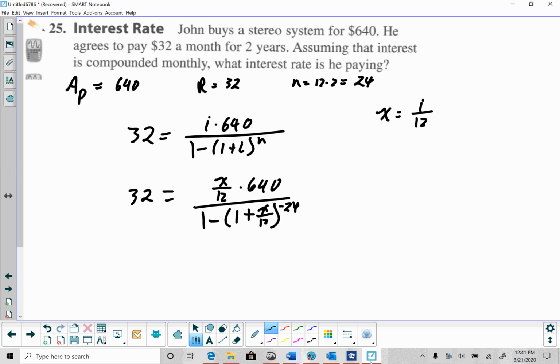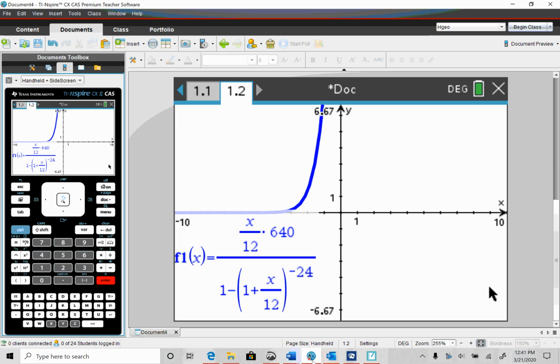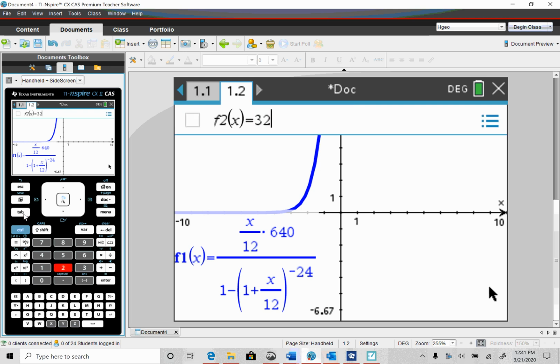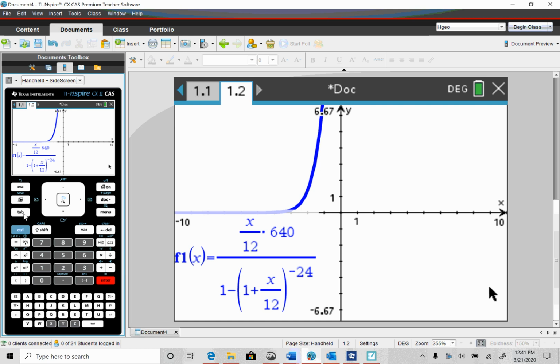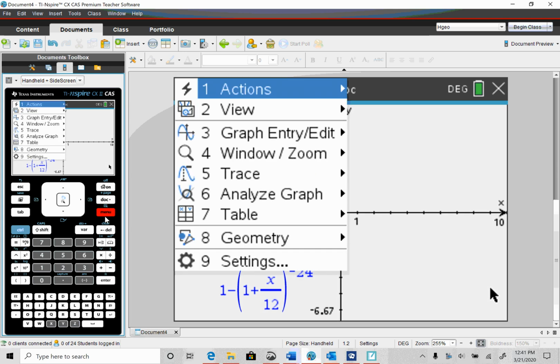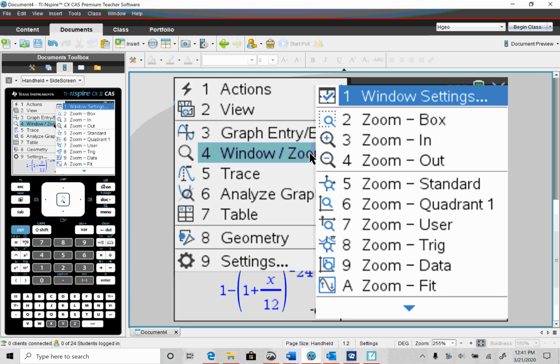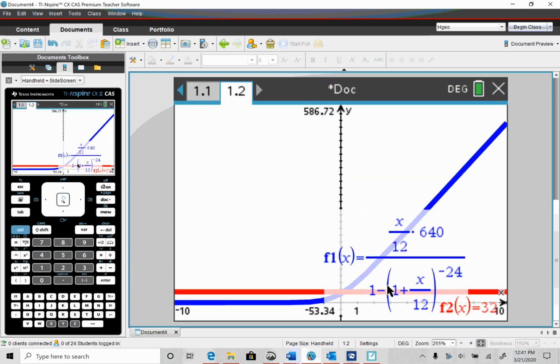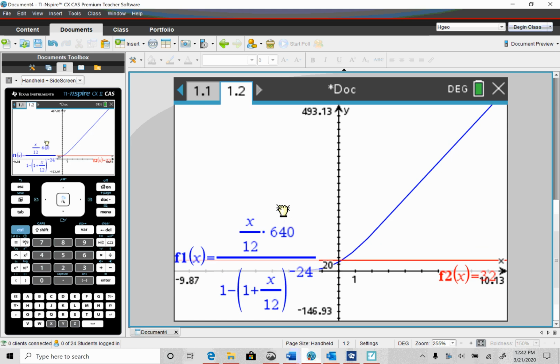We're simply going to take the other side of the equation and graph that as a different function. So, well, okay, again, tab to get to that. 32, a nice horizontal line. Where to go? So for Window Zoom, how about we choose a Zoom Fit? Okay, so there's our graph.